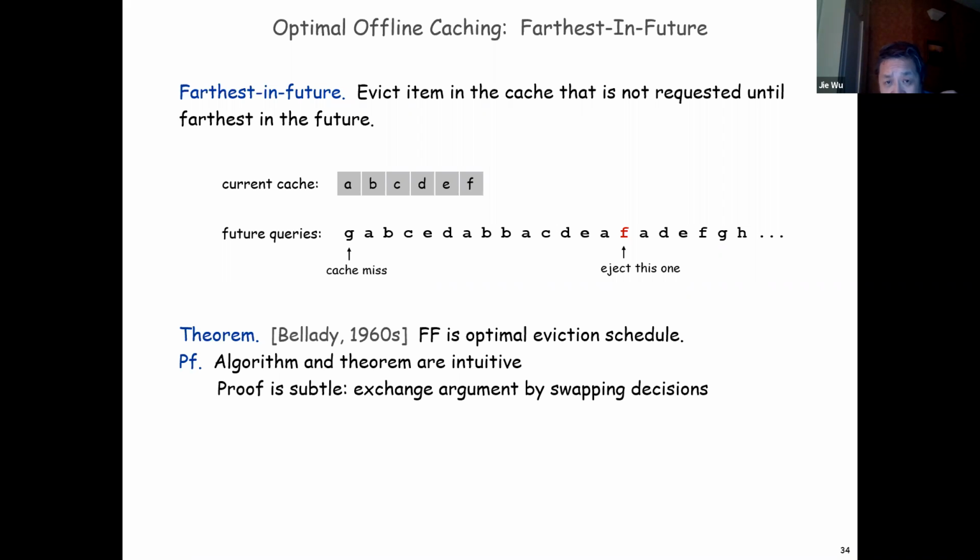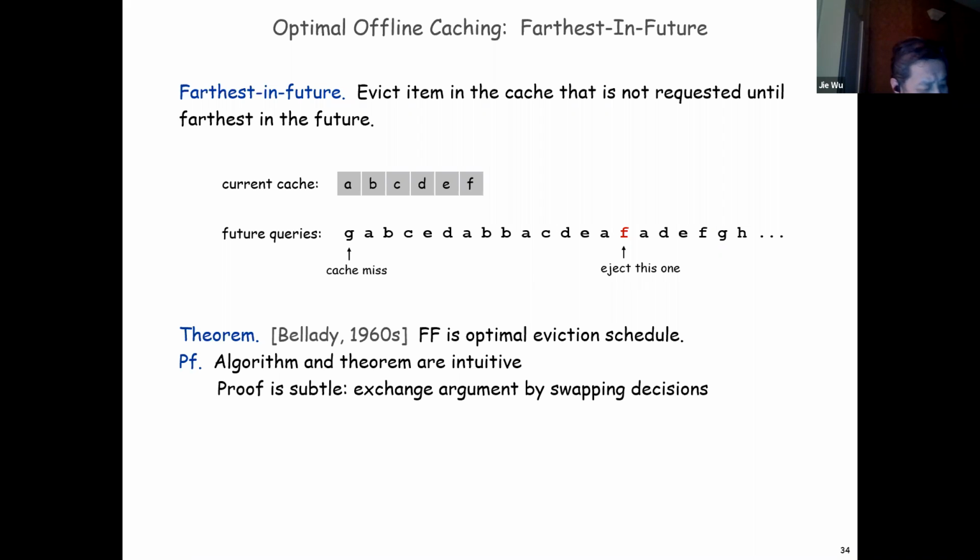The fact is that this one assumes you already know the future, but in reality you have no knowledge of the future. Current policies only use past information, not future information, right? So pay attention. This one is like a future. If the future is already known, you have an optimal replacement policy. Any question on that?